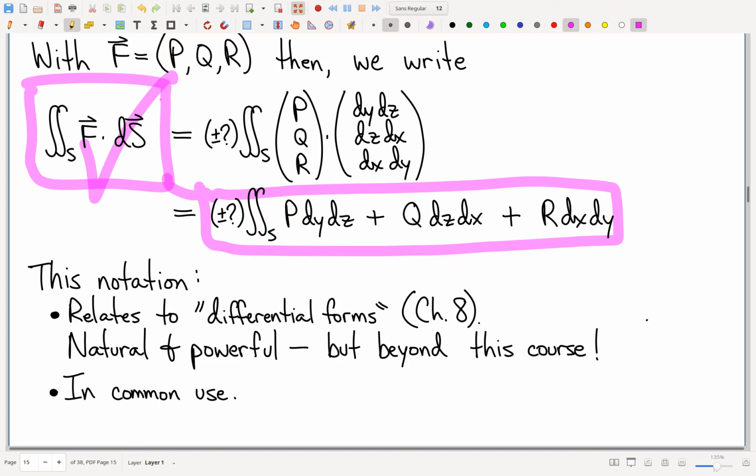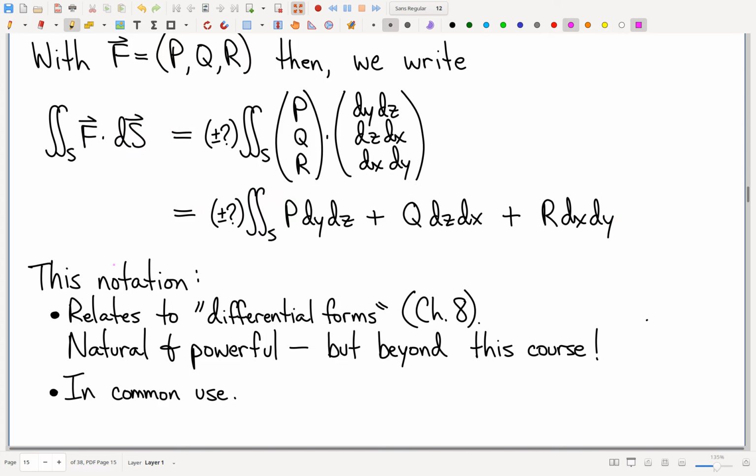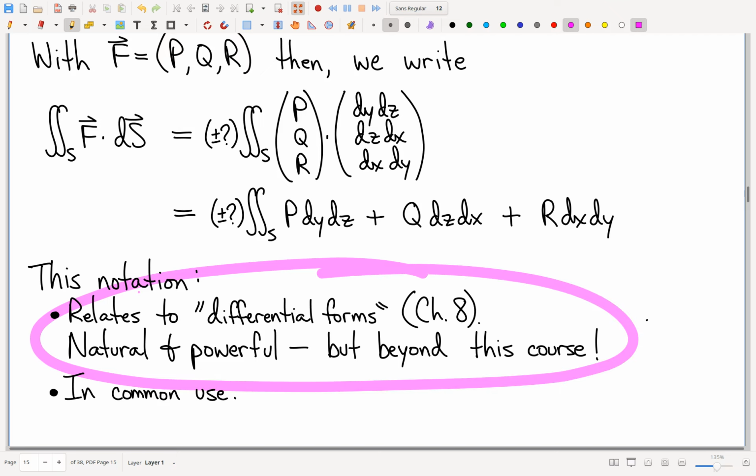So just like with coordinate line integrals, why am I showing you this notation if we're never going to want to use it? Two reasons. One, cultural. There are powerful ideas afoot here. It turns out that this is kind of what differential forms looks like.